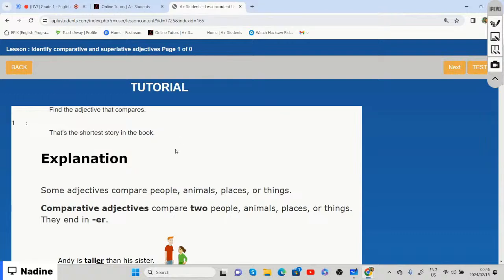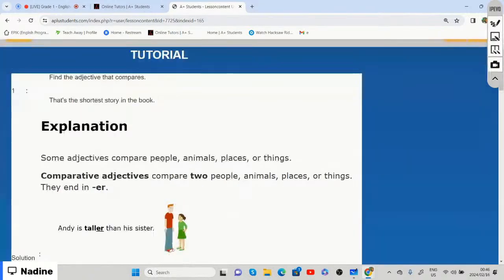And we say that if we find the adjective, these adjectives that compare, and then tomorrow, the day after, they need to still check it.